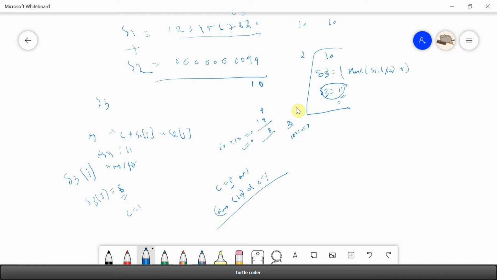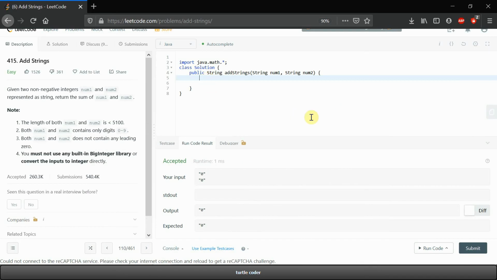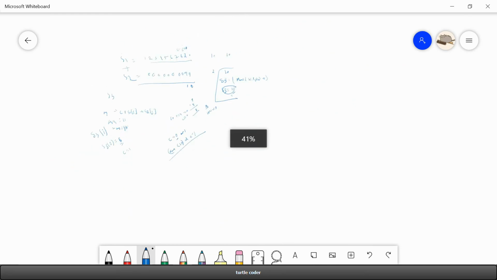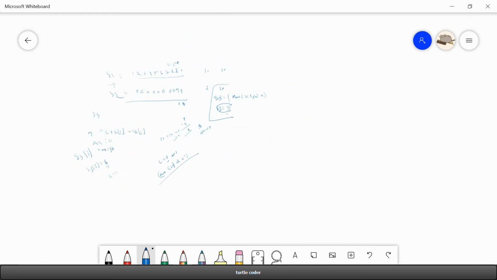So I think that's the way we can implement this problem. Let's try to solve this thing. Okay, let me switch back again. We have seen the case where s1 length is greater than s2, but what if s1 dot length equals s2 dot length?